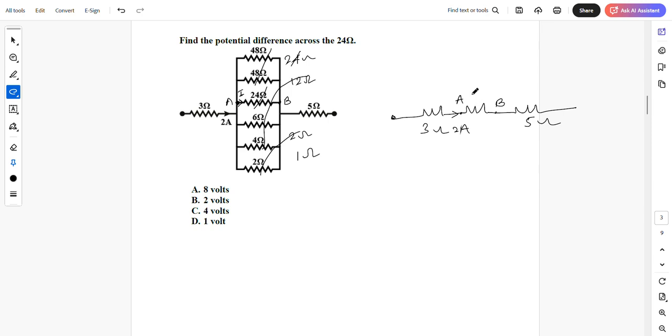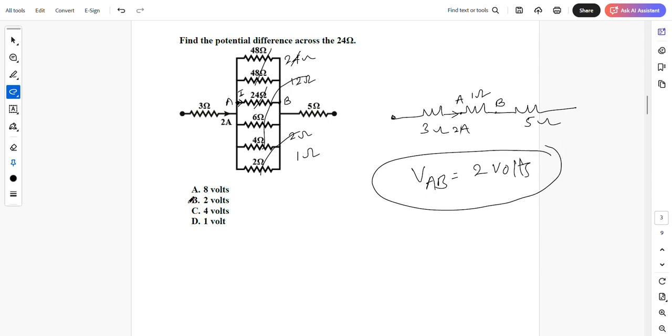Understood? Now what is the voltage? 2 into 1 is 2 volts. 2 volts is the right answer.